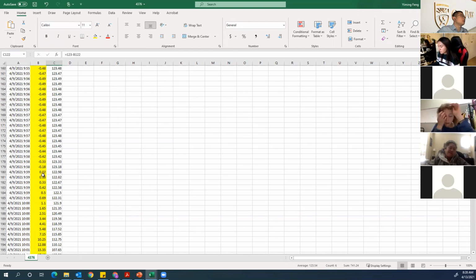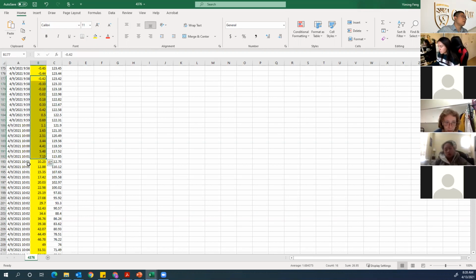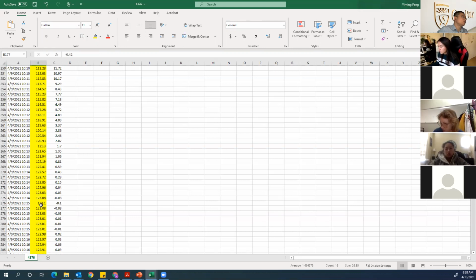So you can see we started heating, the temperature started increasing at 9:58. From here you can see the heating started, and finally it reached 123 degrees C. This can be either because the retort system is not stable and might have overheated, or it can be due to the thermocouple calibration error.